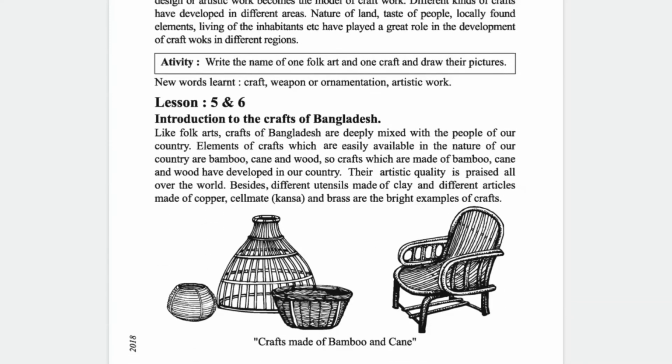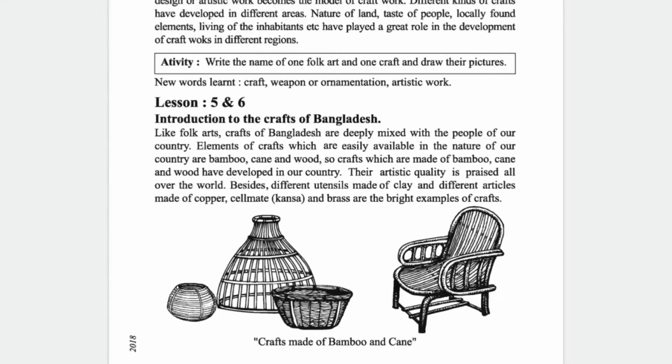Okay, after that, now we are moving on to lessons 5 and 6, introduction to the crafts of Bangladesh. In the previous lesson, we got to know that in our country, bamboo, cane and wood are really useful media to make crafts. It developed in our country also.